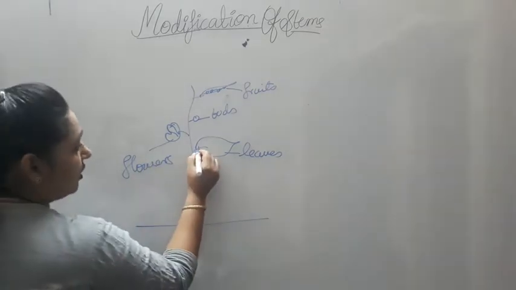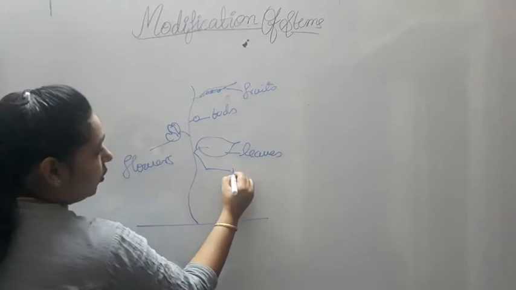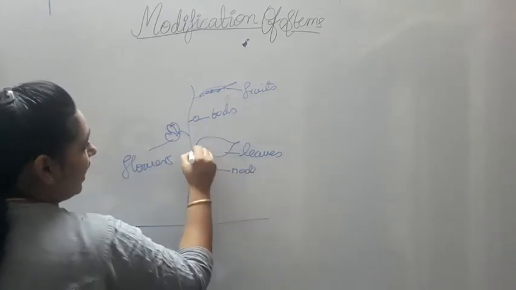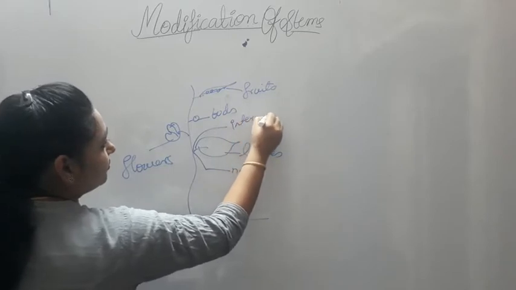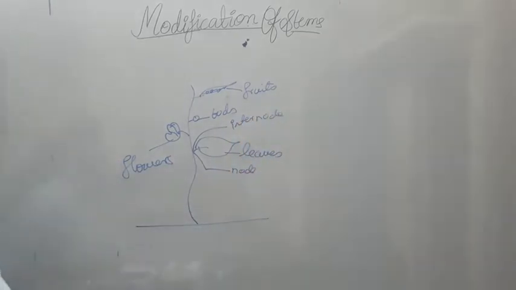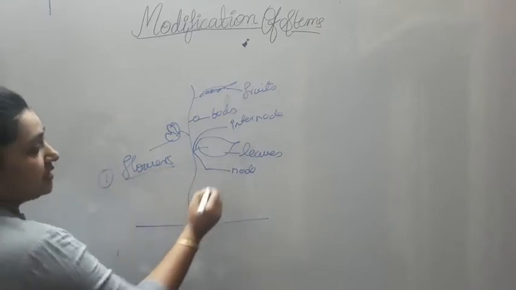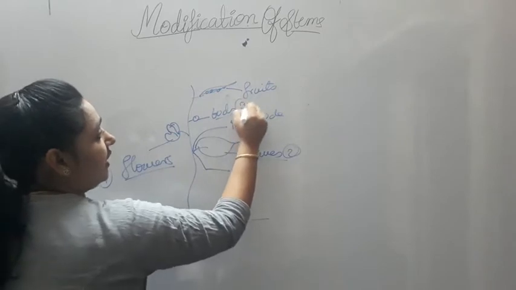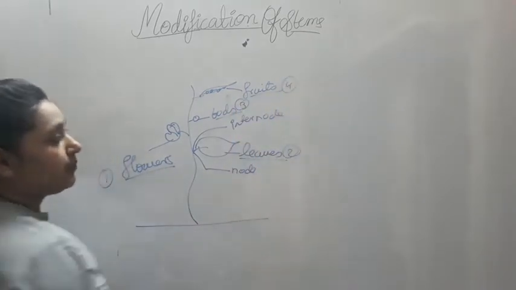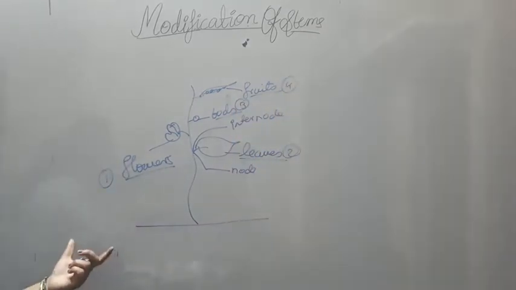It has a node and this junction is the internode. So a stem carries flowers, leaves, buds and fruits. These four things it carries.